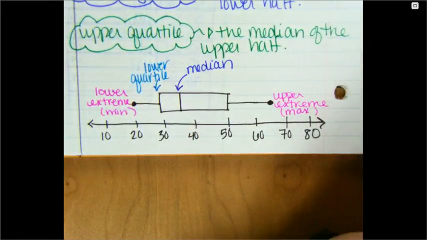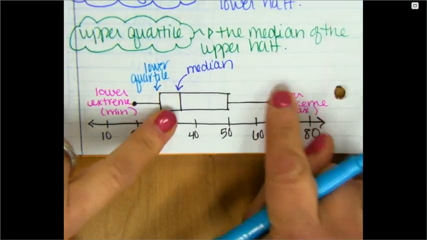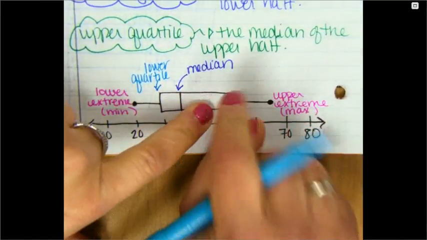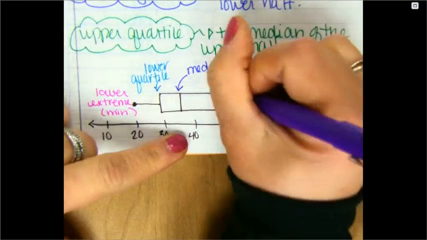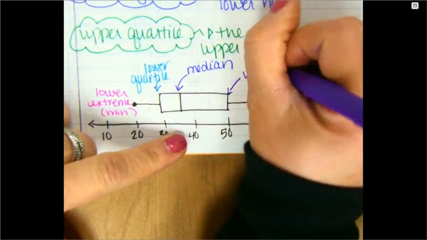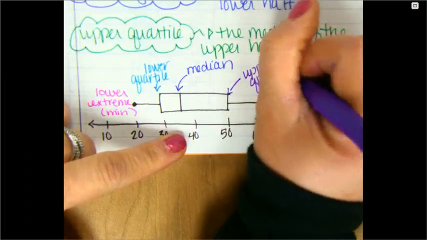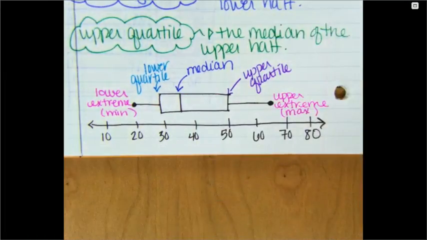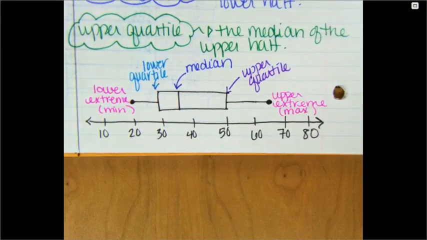Okay? And then I do the same thing for the upper, and I find the next median, and that's here, and that's called your upper quartile. Okay?